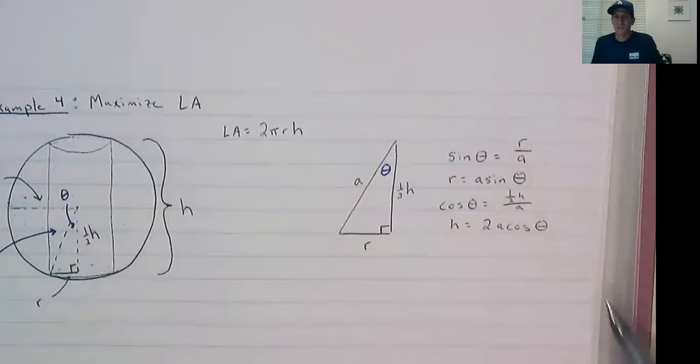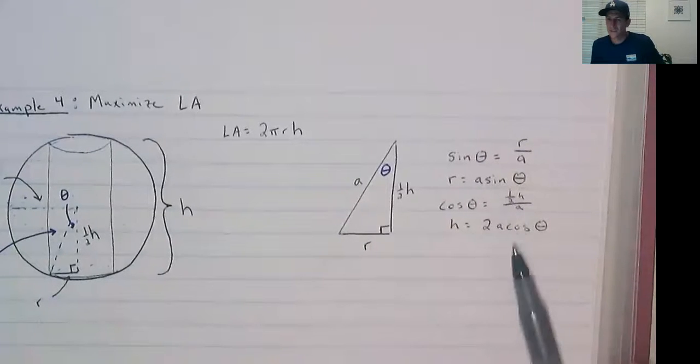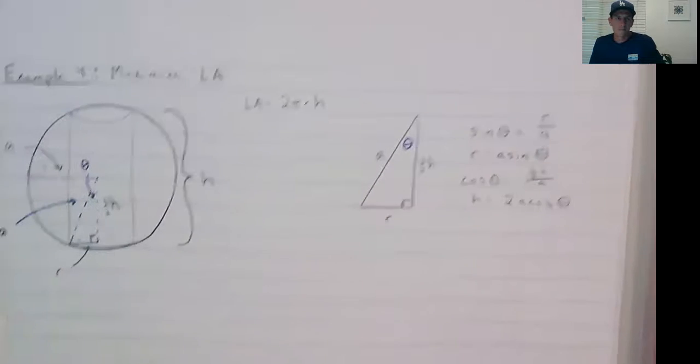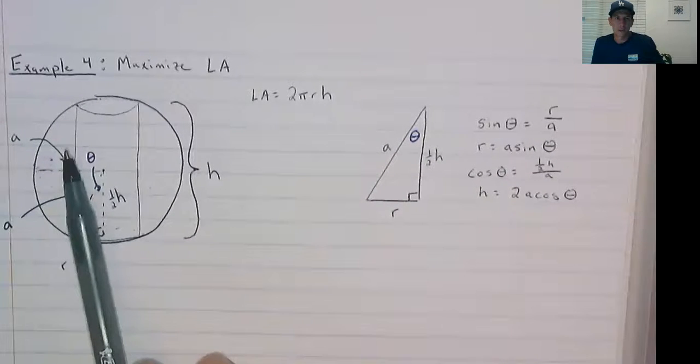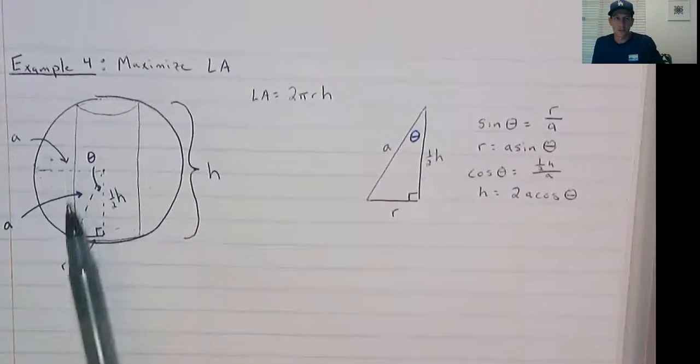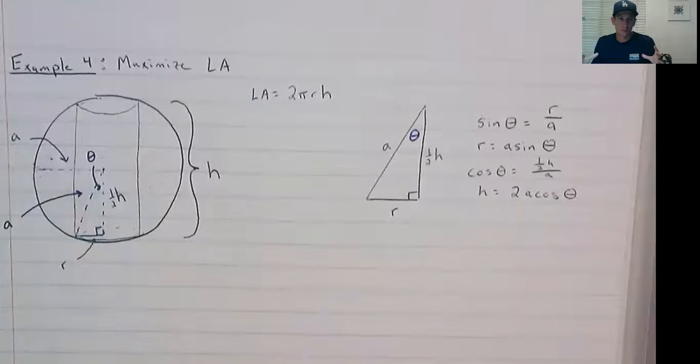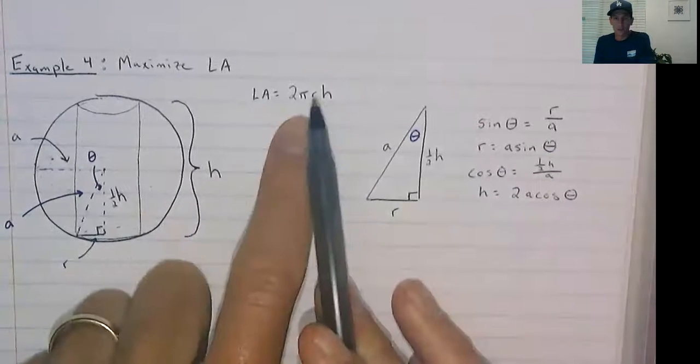Okay. And maybe the A's make you uncomfortable. And I misspoke earlier, maybe you caught it, maybe you didn't. A is fixed. I should have been clear about that. Nothing depends on A other than the fact that A is just the radius. And so we're going to figure out, for a given A, what are the dimensions that maximize the lateral area?